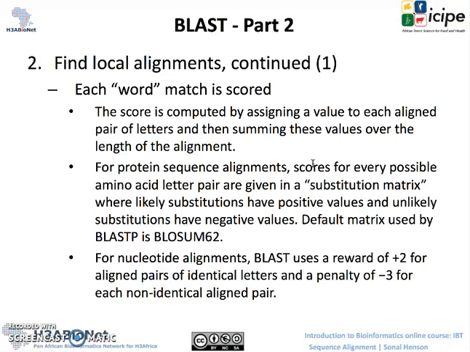The default matrix used by BLASTP is BLOSUM62. For nucleotide alignments, BLAST uses a reward of +2 for aligned pairs of identical letters and a penalty of -3 for each non-identical aligned pair.